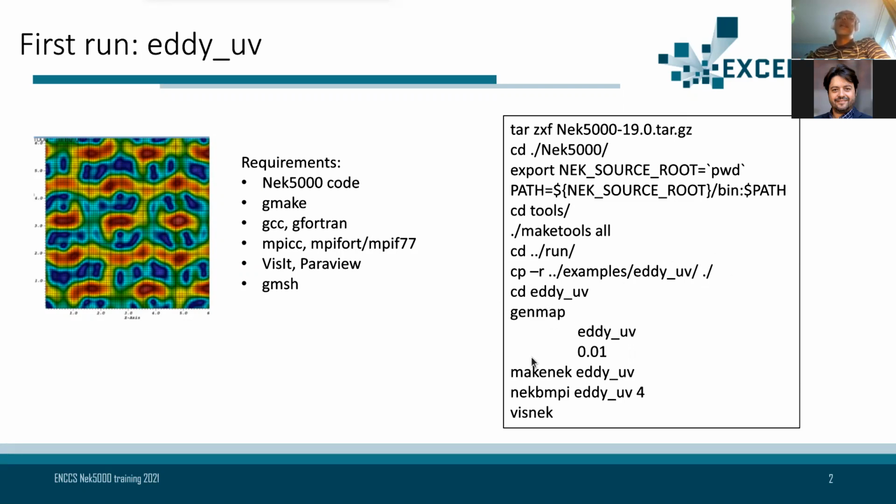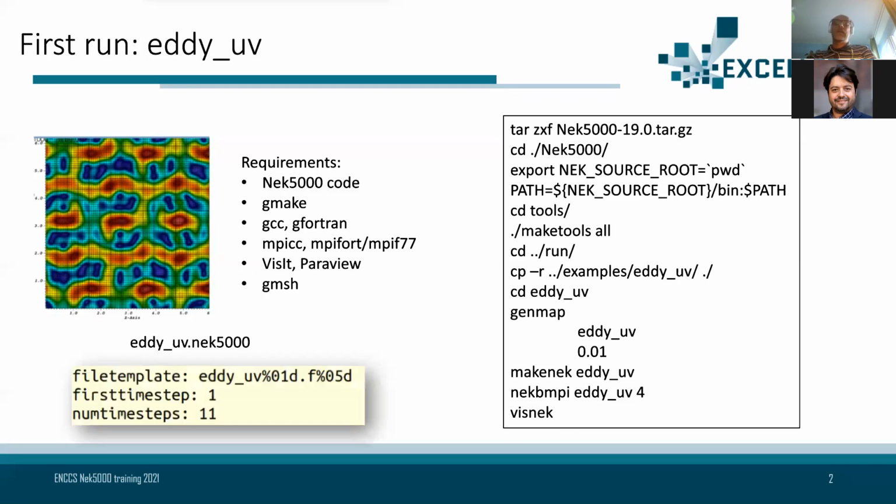Then we copied the case. We created a new map file using the name of the setup and the relative radius to find the unique element vertices. Then we compiled and we ran the case, and with Nek we generate a metadata file. That's how this metadata file looks.